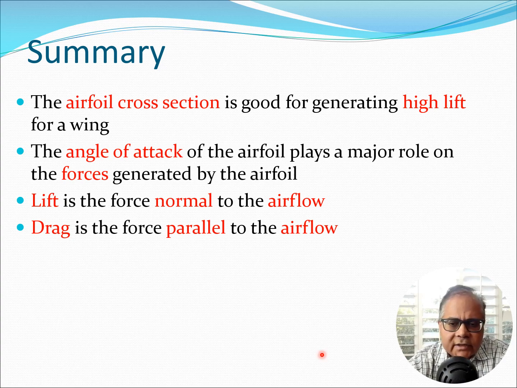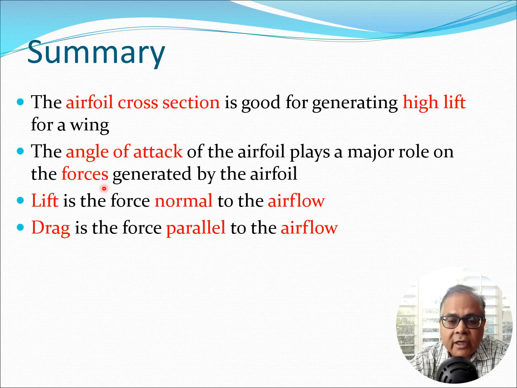So let's summarize this lecture today. We saw that the airfoil cross section is good for generating high lift for a wing, and I should also mention that it's good for generating high lift and low drag. So that's something to remember. Also, we saw that the angle at which the airfoil is pitched plays a very big role in the forces being generated on the airfoil.